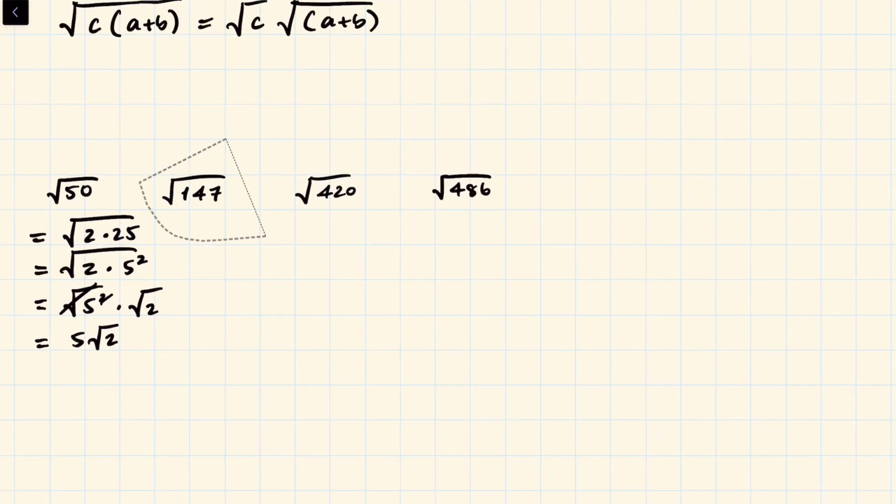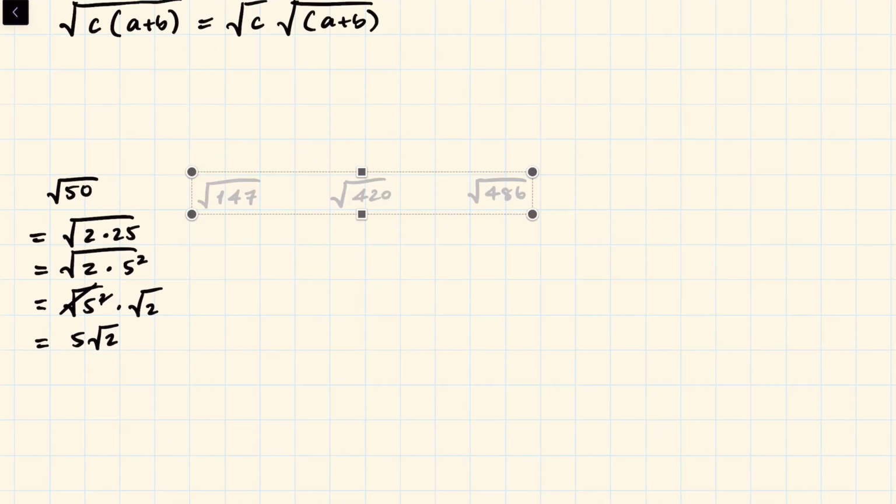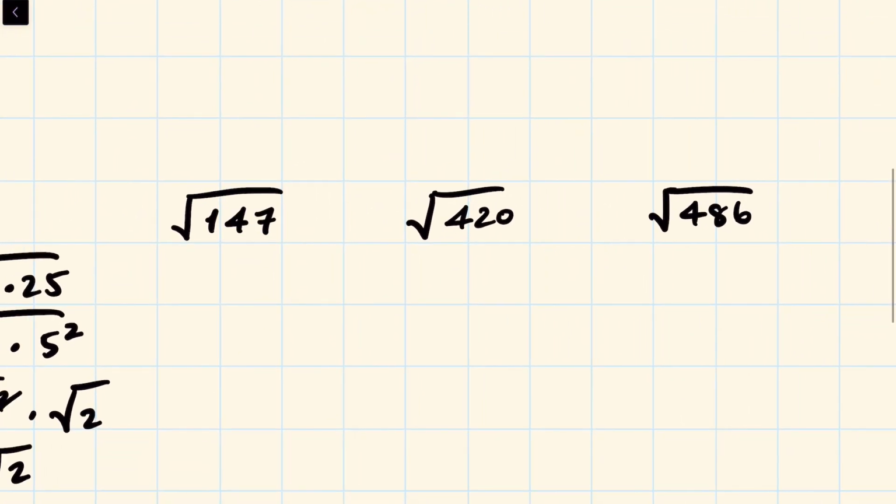Next example, root 147. What factor can you pull out of 147 that is a perfect square?